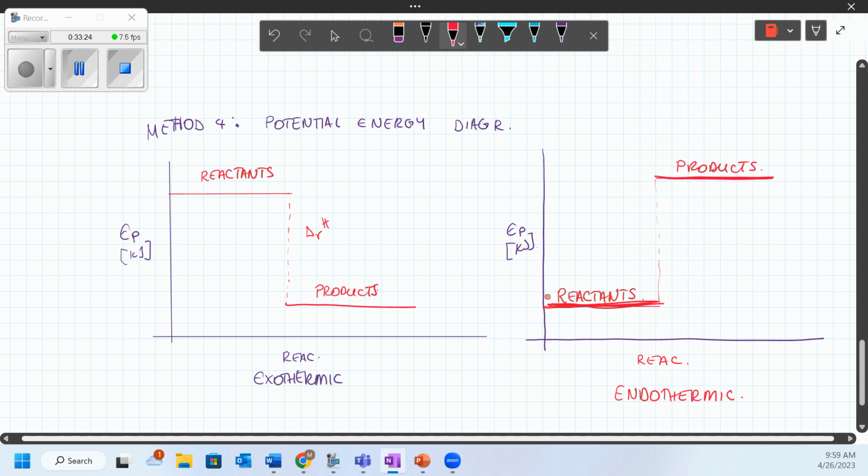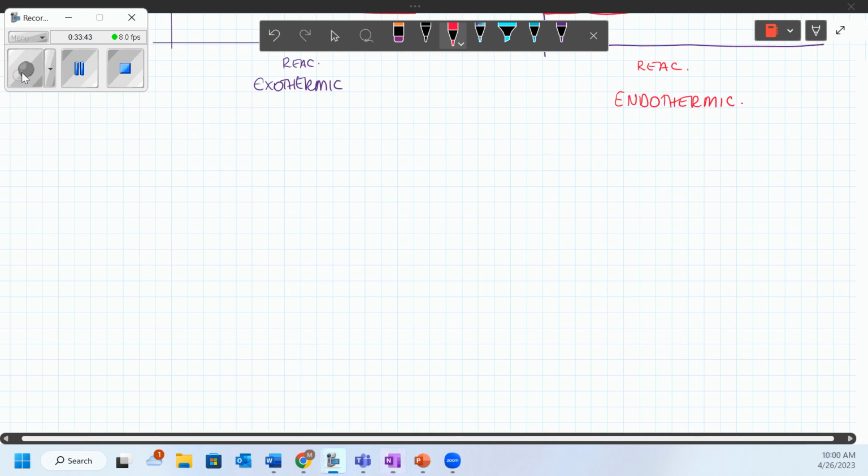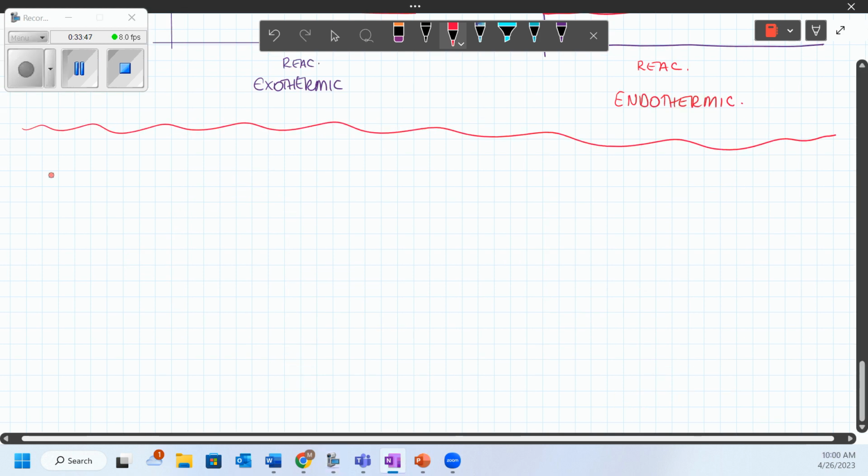So those are the four ways that we represent or communicate the enthalpy change of the reaction, whether as molar, or as the reaction itself, and so on and so forth. So the summary of communicating enthalpy is here.